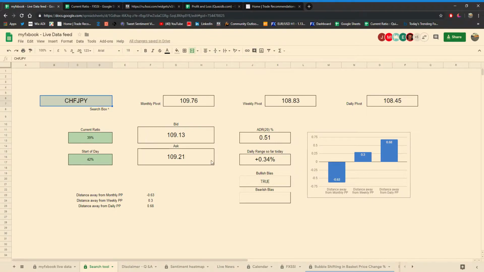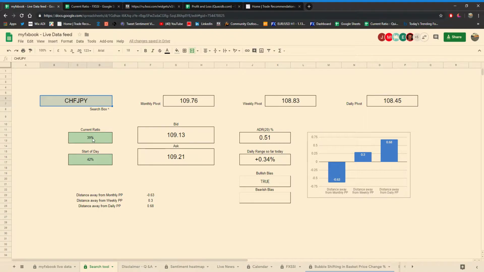See what it does. The Swiss franc yen is a bullish bias, bullish ratio there, and the start of the day was a buy too. ADR there, and we've got a little bit more juice left on the day. And this is calculated from these two fields, that bullish bias or the bearish bias.